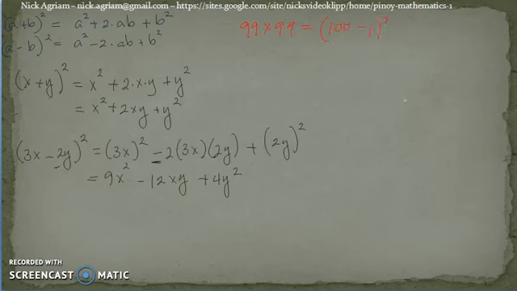That is also 99. Then you can use what you have learned now. We have 100 squared minus 2 times 100 times 1 plus 1 squared.